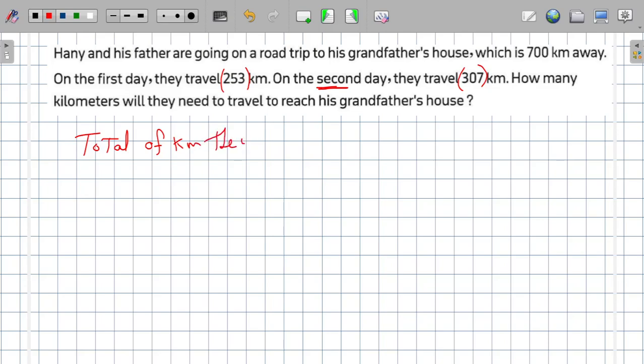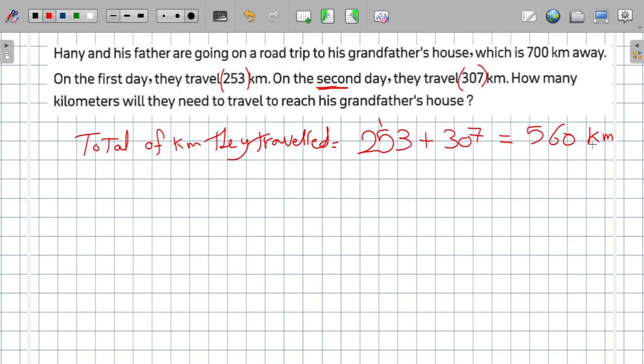Okay, so the total of kilometers they traveled will be 253 plus 307. So it will be 3 plus 7 equals 10 and carry 1. 1 plus 5 equals 6 plus 0 equals 6. 2 plus 3 equals 5. So the total number of 2 days is 560 kilometers. So I want the remainder.